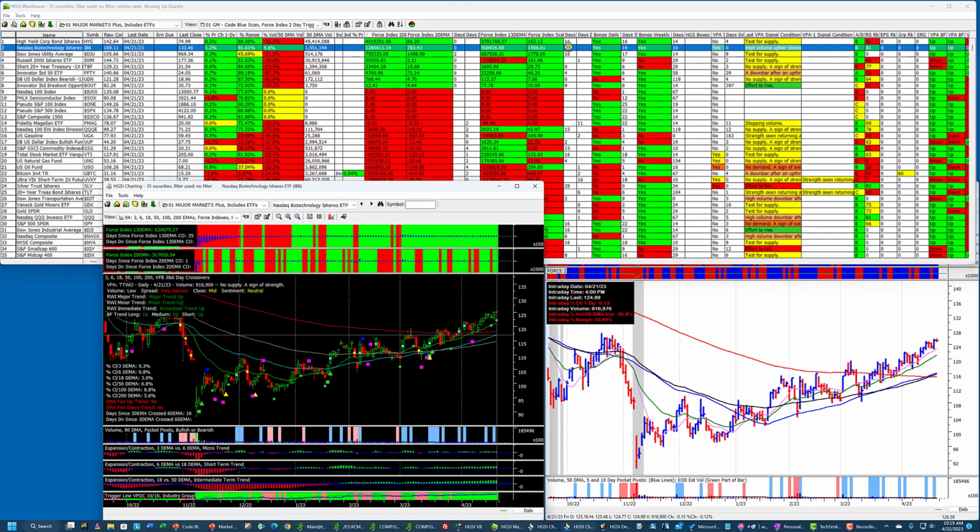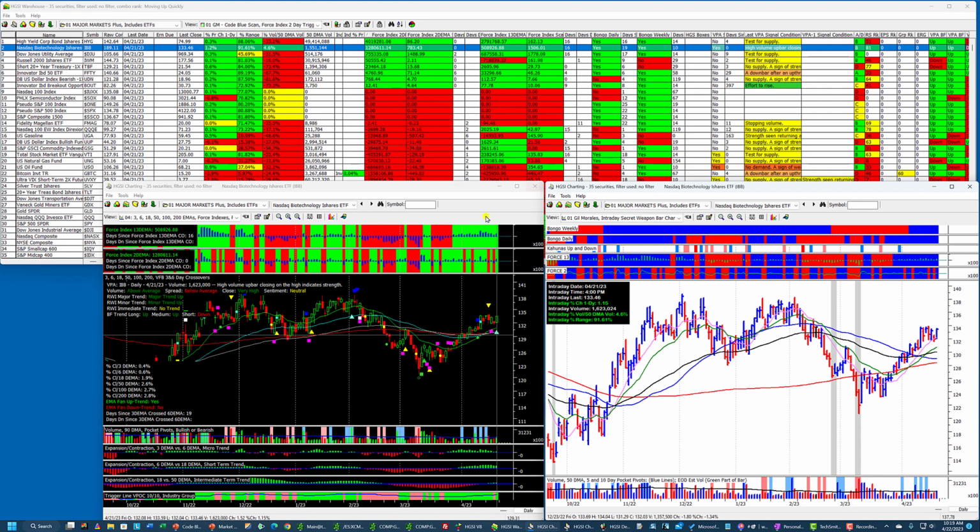So let's look at the biotech. And you can see that the force 13 went positive here, but the force 2 went positive here. Now when you get pullbacks on the 2-day force, but the 13 remains strong, those are potential entry points. It's not like Take Two that I showed you.